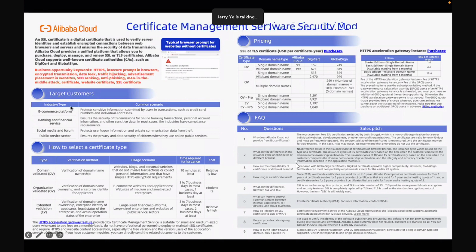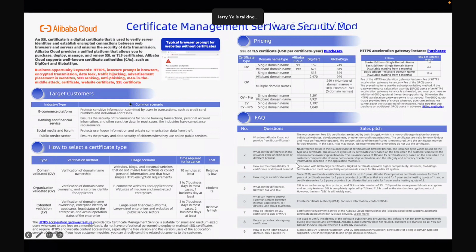Okay. For the target customers, of course, the e-commerce platform, the banking and financial services, the social media and forum, the public service sector. And these are the prices.